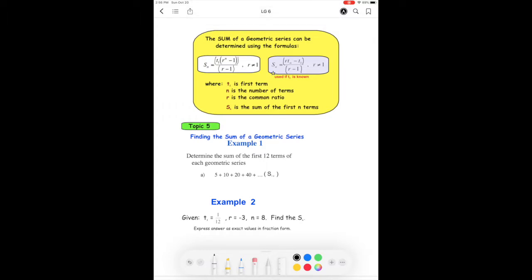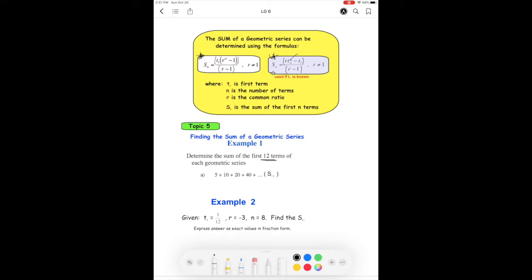Topic 5 is going to be looking at the sum of geometric series. And we are looking now for the sum of the 12 terms here. The difference between this one and this one is the second one has a Tn in it.